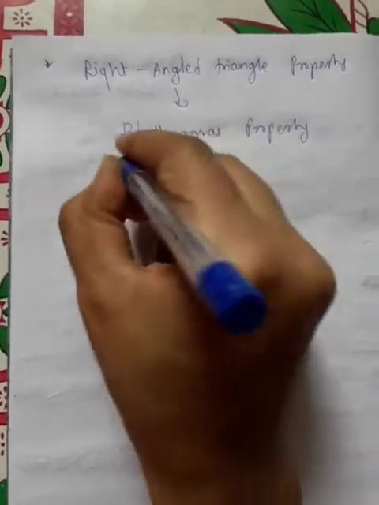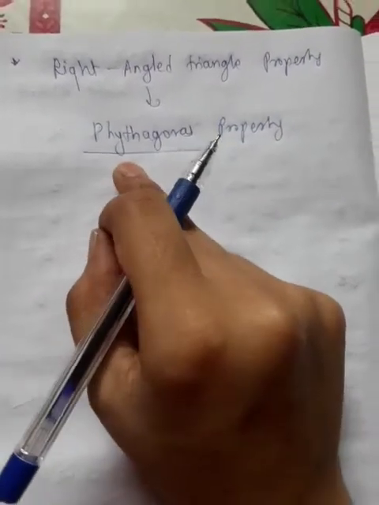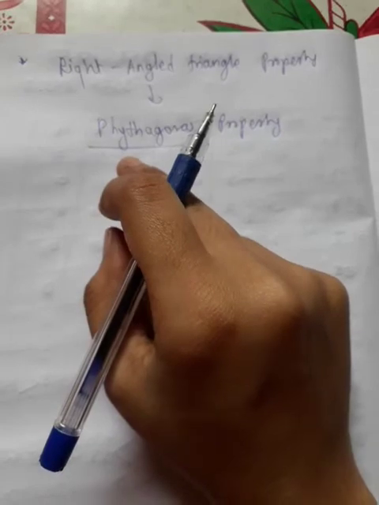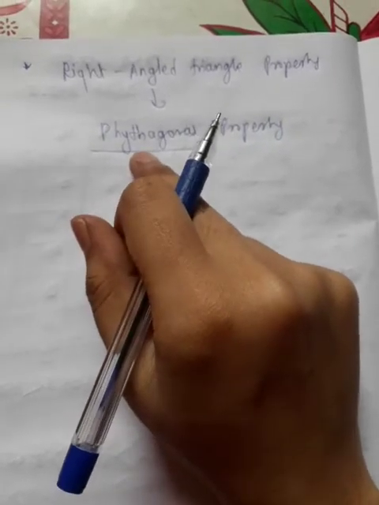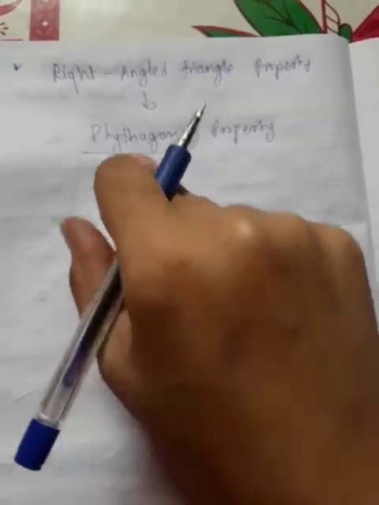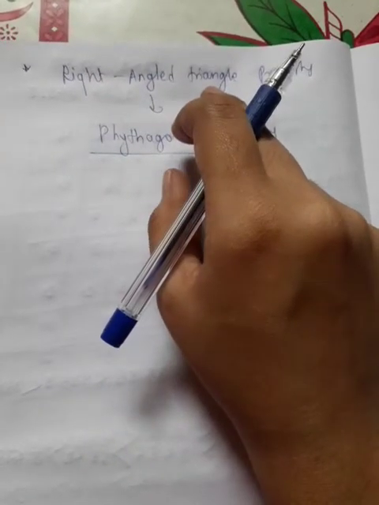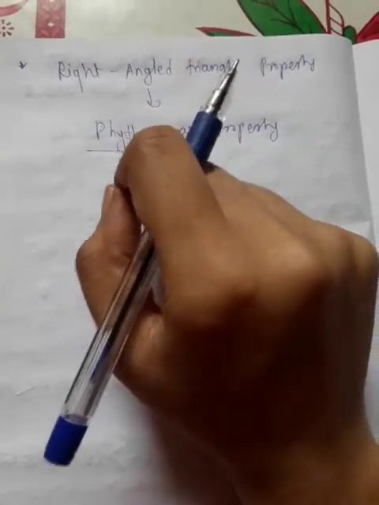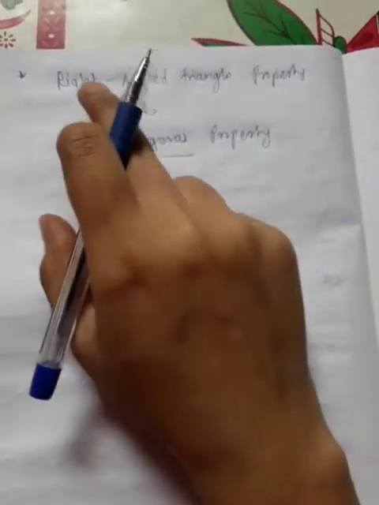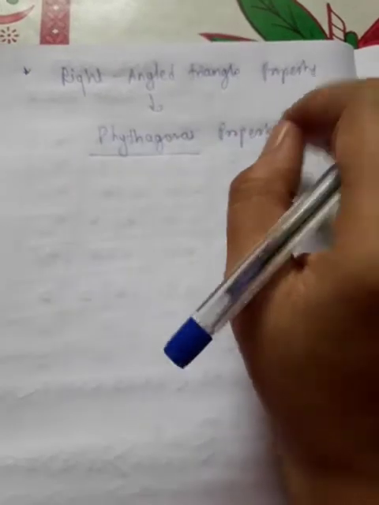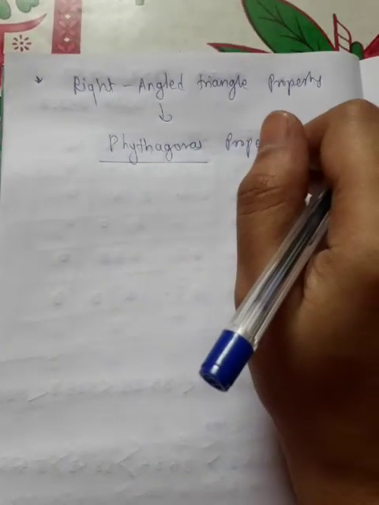Pythagoras is one of the scientists of maths, and he found a very important and useful property about right angle triangles. Therefore that property has been given the name Pythagoras property. So you can call it right angle triangle property or Pythagoras property.